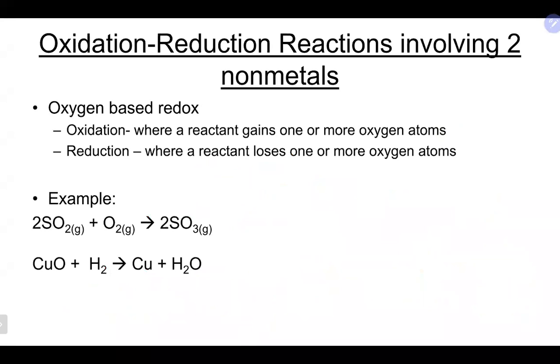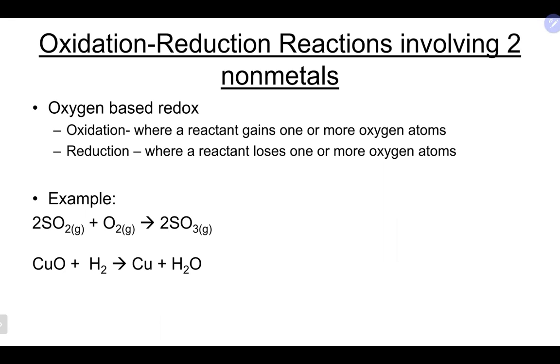So we'll talk a little bit more about this when we get to organic chemistry, but in organic chemistry, we don't have a lot of metals happening. So a lot of times it's easier to look at the other definitions of oxidation and reduction. Another definition of oxidation is something gains oxygen from left to right and something loses hydrogen.